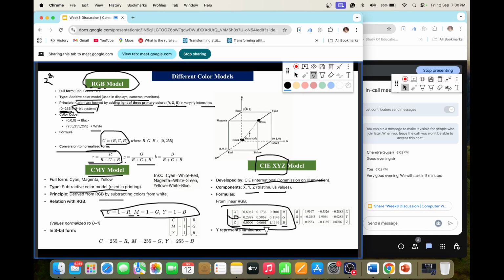RGB is additive, CMY is subtractive, and then we multiply this matrix to the RGB, so we are giving more importance to this Y, because Y represents luminance. So this is known as perceptual.